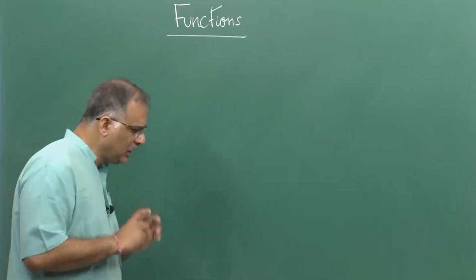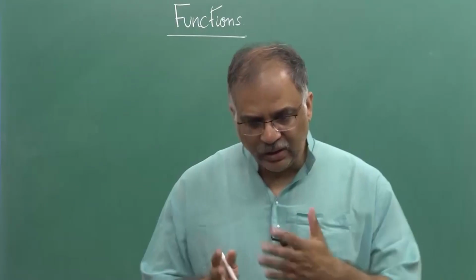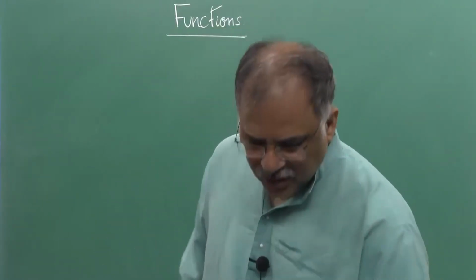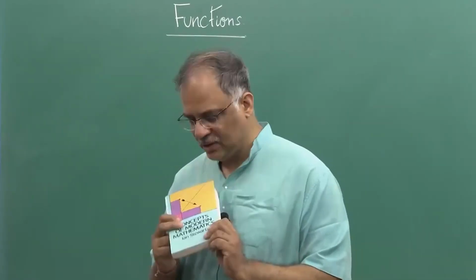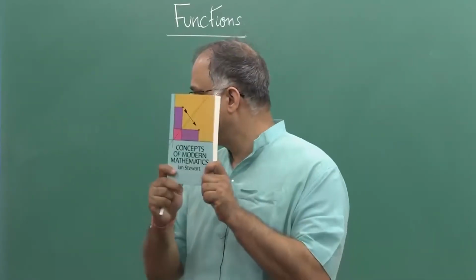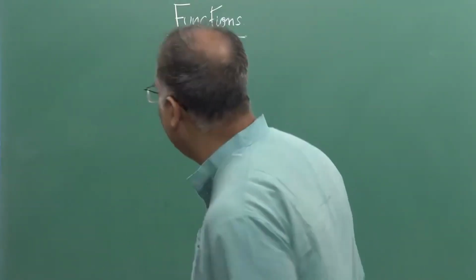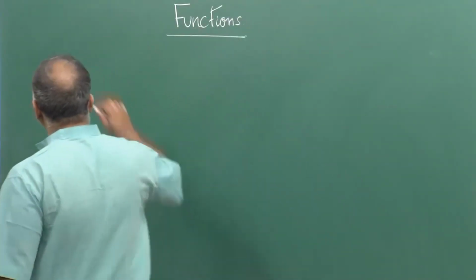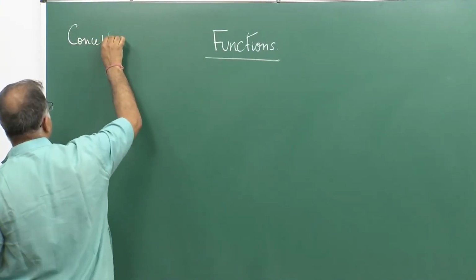For today's talk, I will conceptually keep myself in the line of a book called Concepts in Modern Mathematics by Ian Stewart. Ian Stewart is a very big British mathematician and also one of the best writers in mathematics of our time.